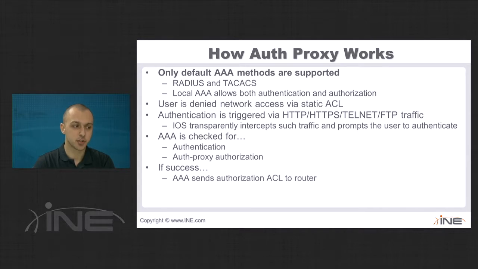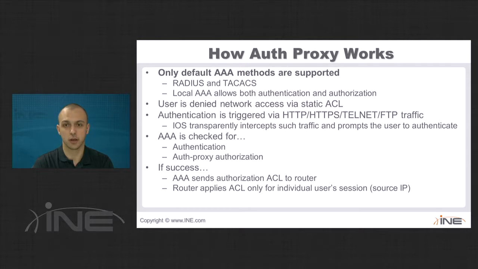And if that's successful, I'm going to receive the access from the Radius server. We're going to see the different options for receiving access from the Radius server. We have multiple. And then the authorization will be applied inbound on the interface where the session was initiated, intercepted in the first place.